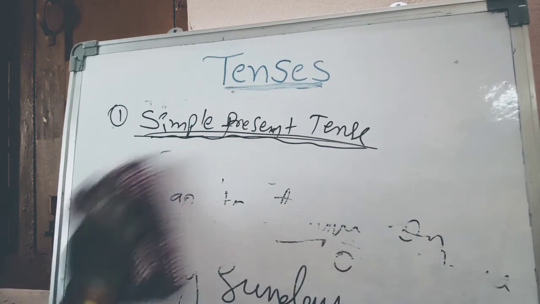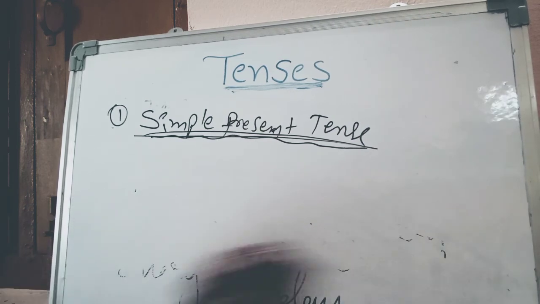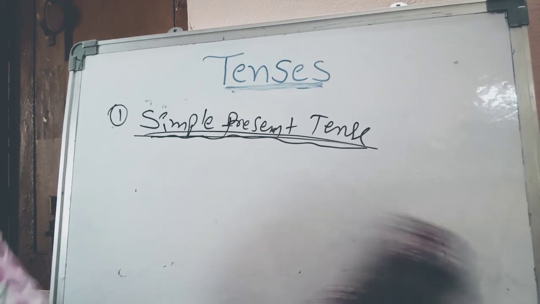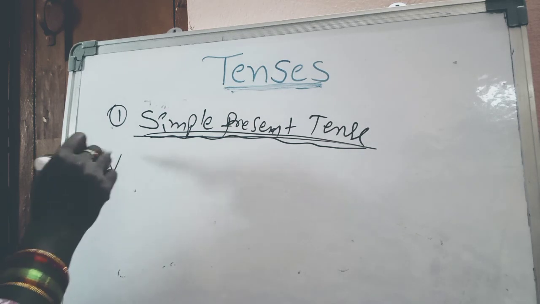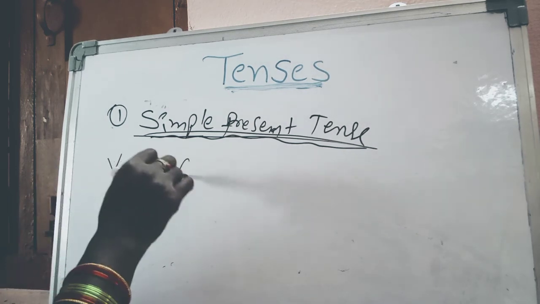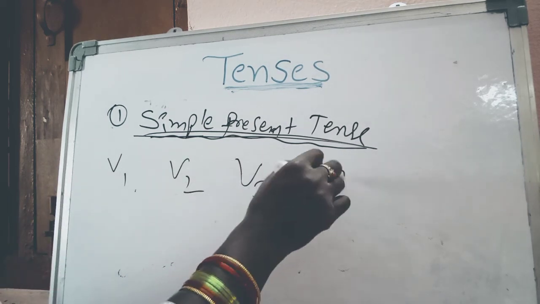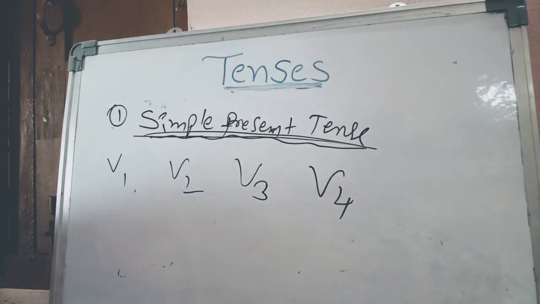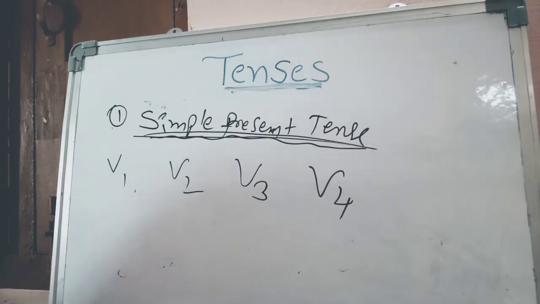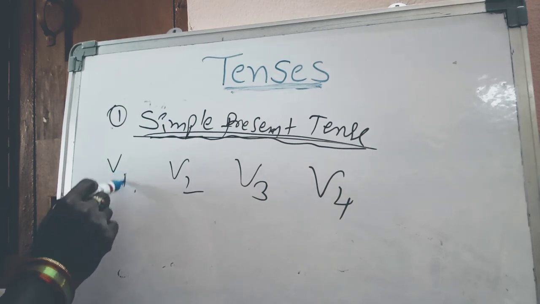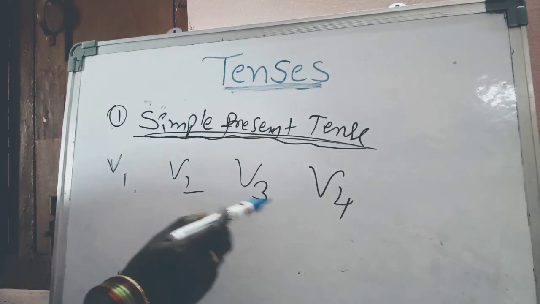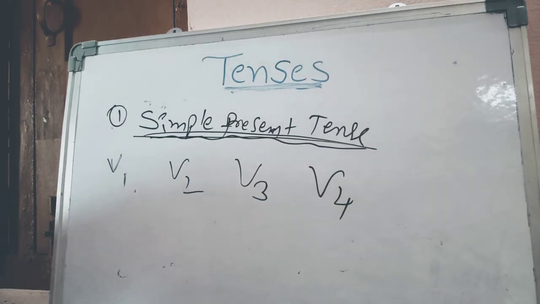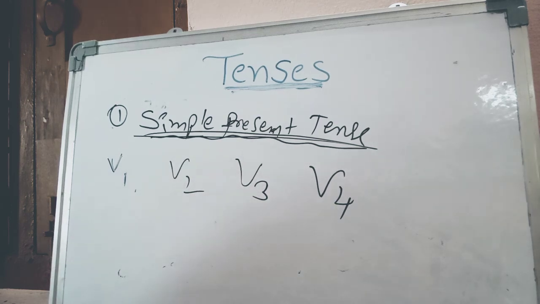Before this, what is V1, V2, V3 and V4? We have to observe here. V means verb. Here we have so many different types of verbs.